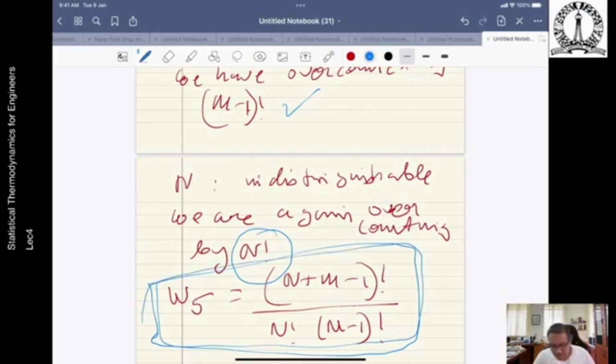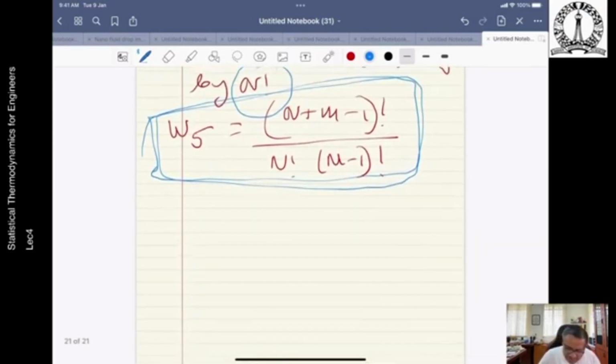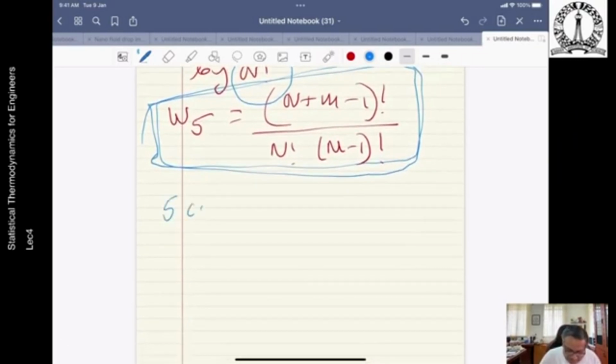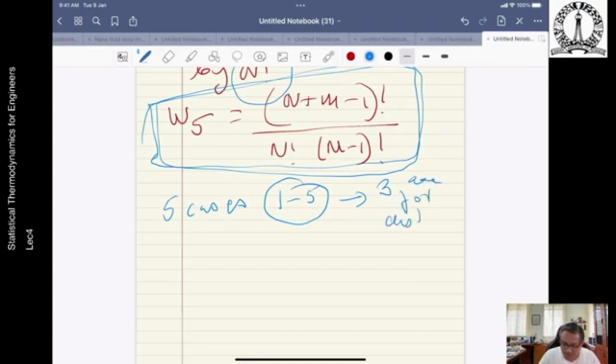Okay. So we have considered therefore 5 cases, like cases 1 to 5, right? Of those cases, 3 are for distinguishable objects and 2 are for indistinguishable objects, right? So these are the 5 cases that we have done. Out of these, cases 3 to 5 are of relevance.